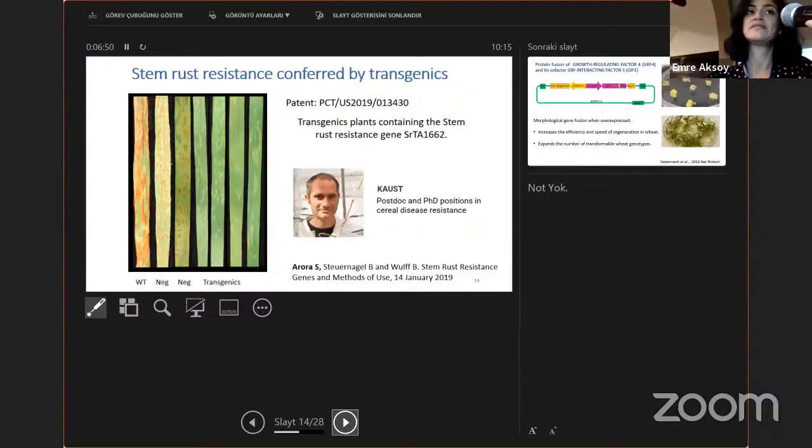We checked the resistance of the transgenic plants and compared them with wild type; you can see that the wild type is sensitive and the transgenic plants are more resistant. And it's patented now.